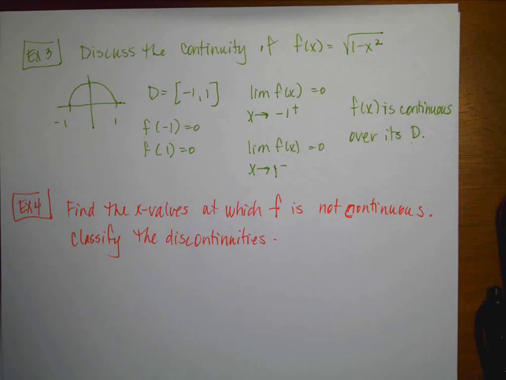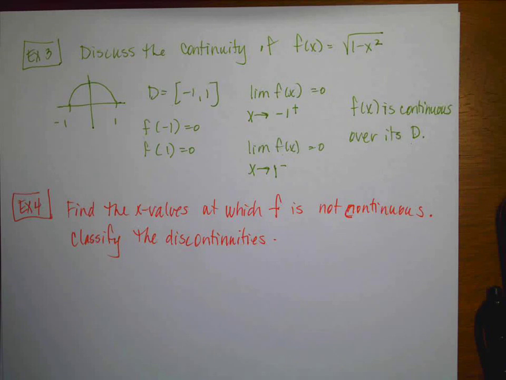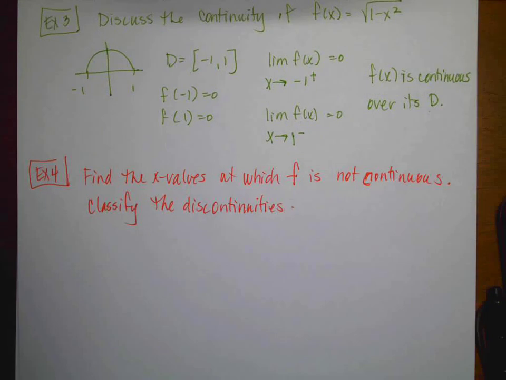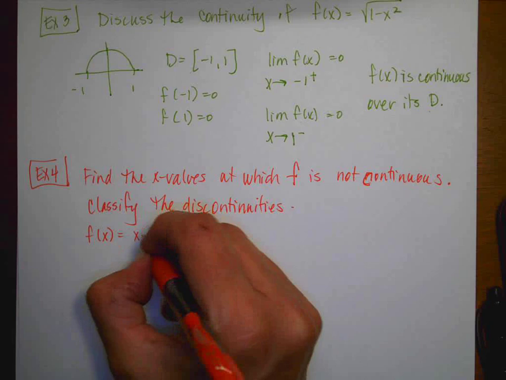Ooh, that's a long word. All right, notice that there are 2 questions. Because I have 2 questions, that means that I have to have 2 solutions. Always answer the questions that are asked.